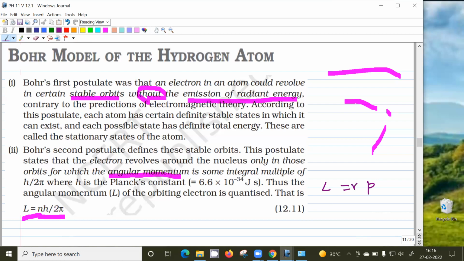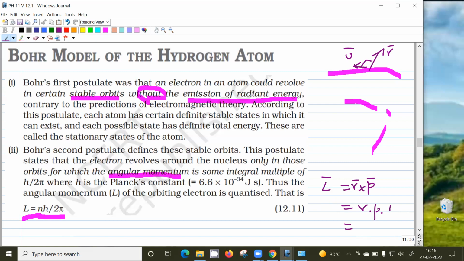So L is r cross p in the full vector form. And what is the direction of r and p for a circular orbit? r is radial and the velocity is tangential, so the angle is 90 degrees. So it is r into p into sine 90, and sine 90 is 1.